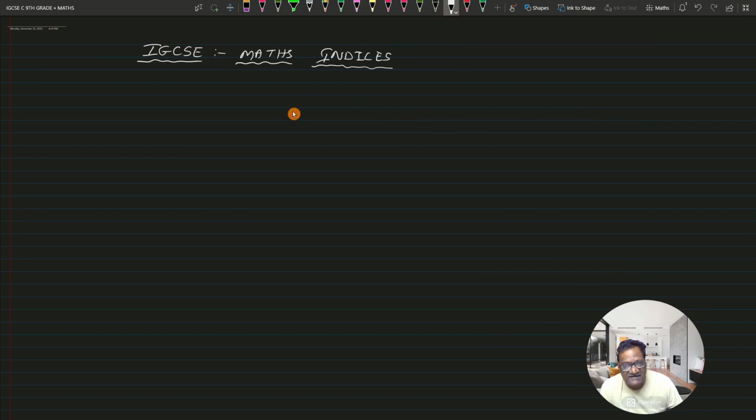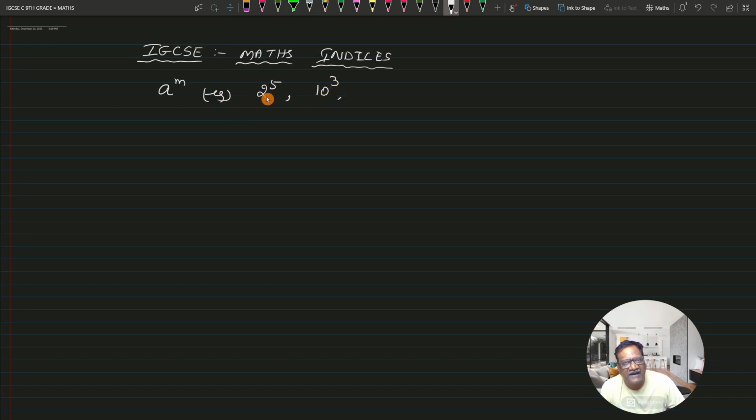So in this indices, first of all let me tell you what indices is. Indices is any number which is written in the form of a raised to m. For example, 2 raised to 5, or 10 raised to 3.